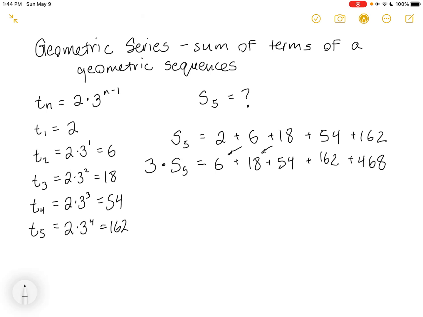Now what I'm going to do is subtract these 2 equations. I'll start with the larger one, 3 times S5, and write these all out again. I'm going to stagger this a little bit this time, so I'll move the 6 over a little and leave a little space: 6 plus 18 plus 54 plus 162 plus 468.